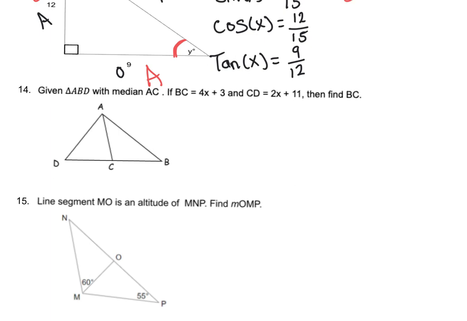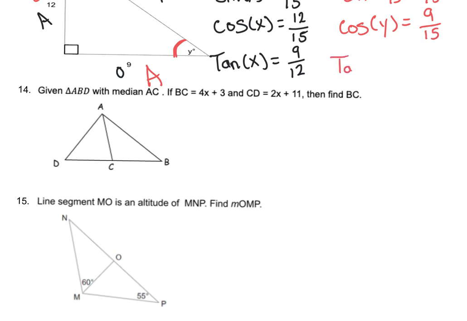So let's do, again, sine of y. So sine is O over h. Looking at the red, that's going to be 12 over 15. Let's look at cosine of y. Looking at the red again, cosine is A over h, so it's going to be 9 over 15.